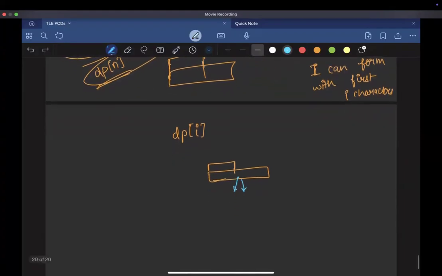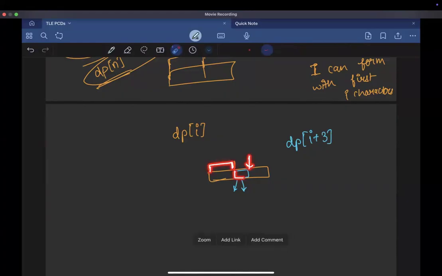If you are eligible to apply an operation and you do apply it, then for these next three characters as well, it should be something like DP of i plus 3, you will reach this state. Now you have already considered i characters, and now you have considered these three characters as well. For the fourth character you will still have a choice whether you want to apply an operation or not. So you would actually reach this state DP of i plus 3, right?